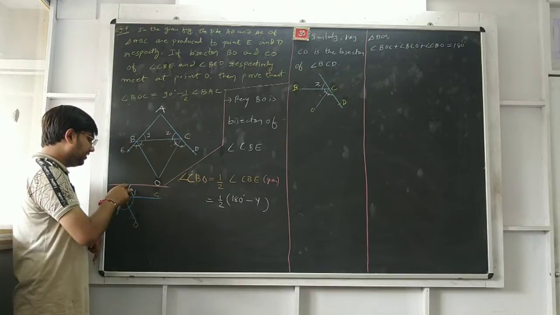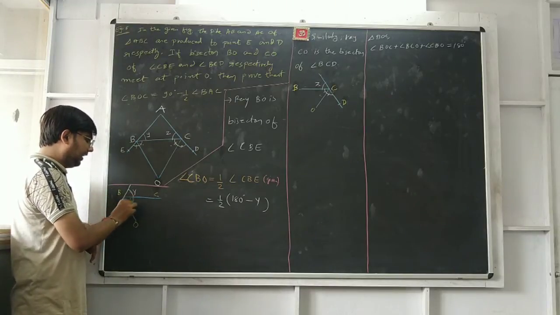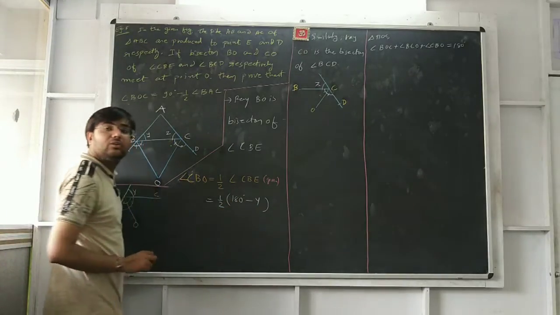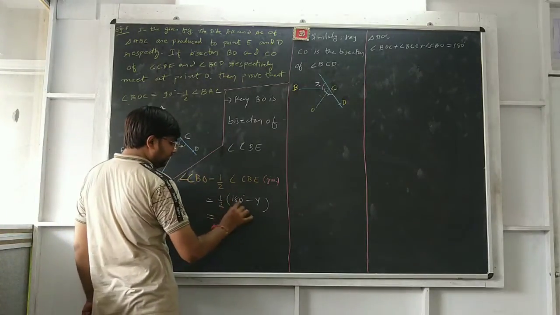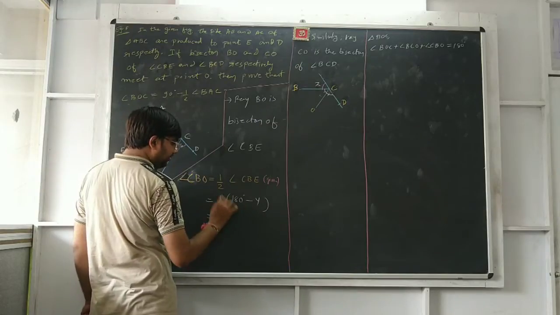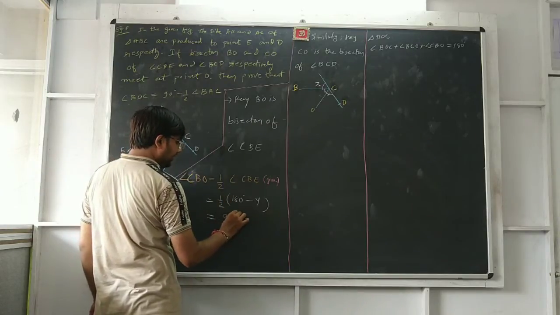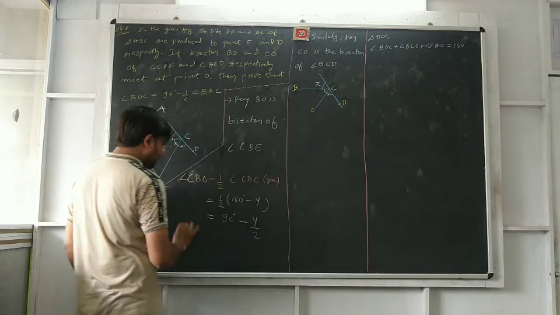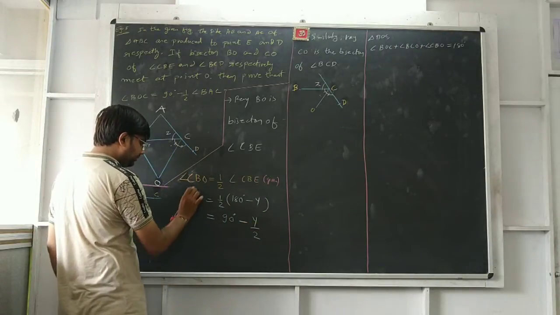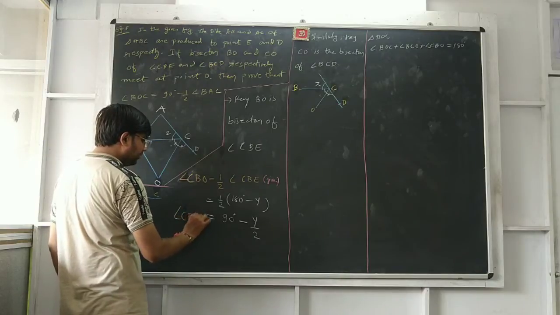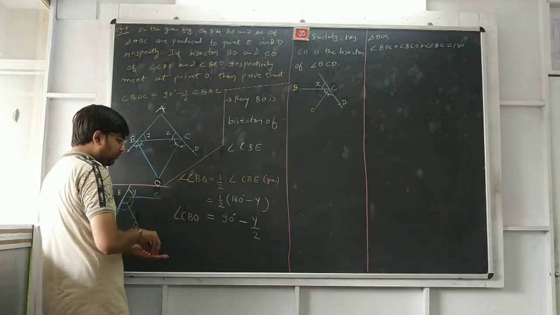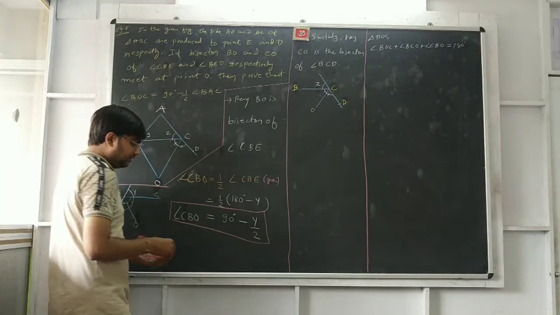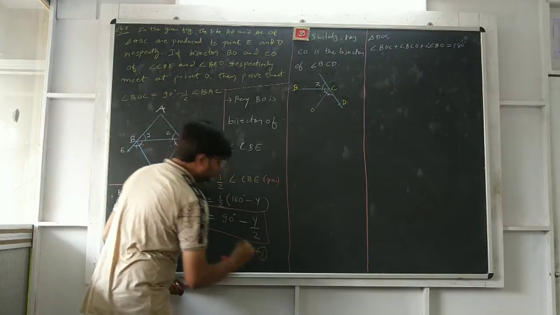So 1 by 2 times 180 minus y gives 90 minus y by 2. This is the angle CBO. This is our first result, equation number 1.